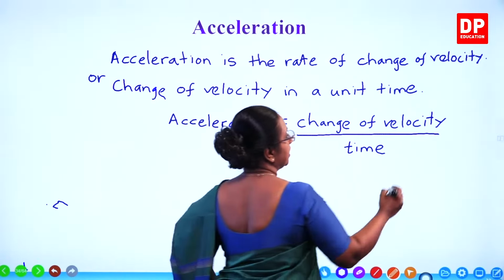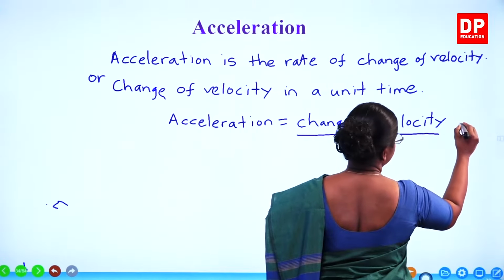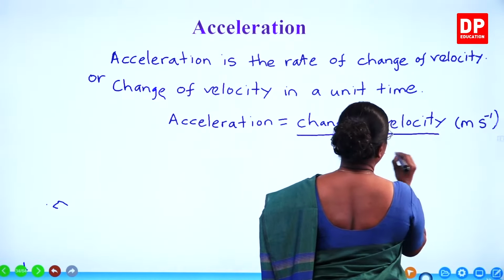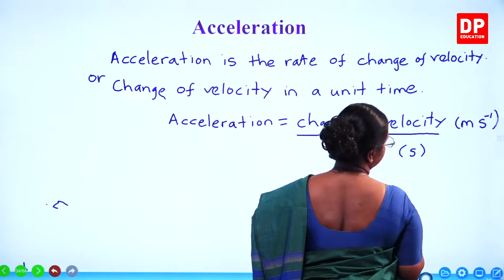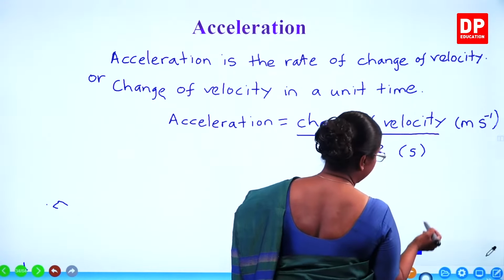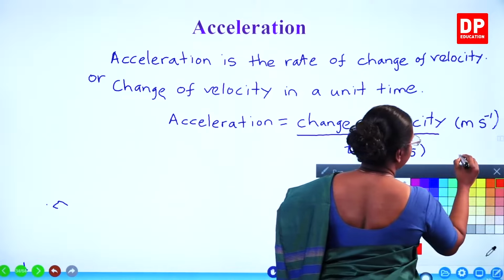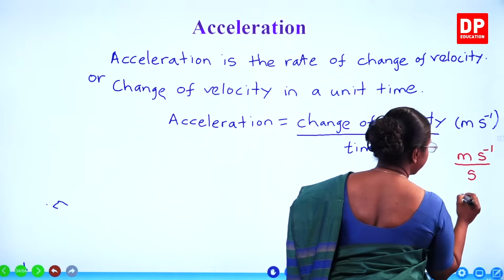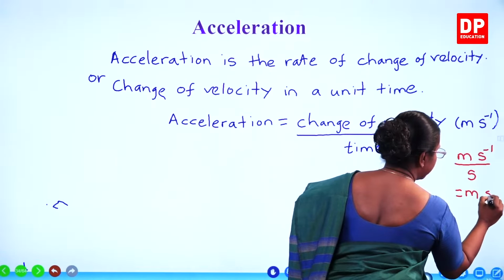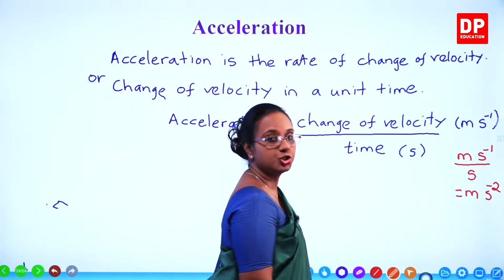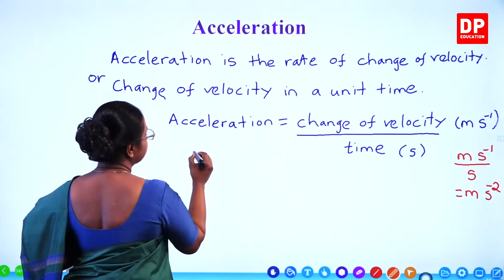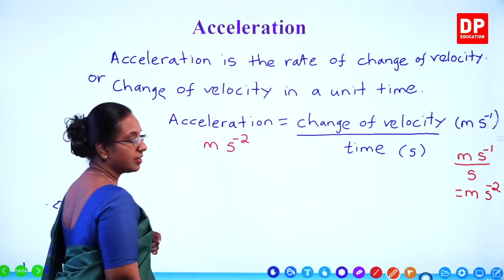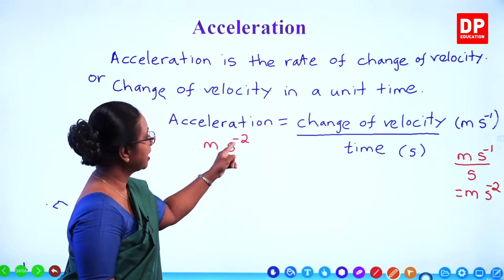So from this, if we find the unit for acceleration, velocity is given in meters per second and time is given in seconds. So meter second minus 1 divided by second, that will become meter second minus 2. So the unit of acceleration will be meter per second squared or meter second minus 2.